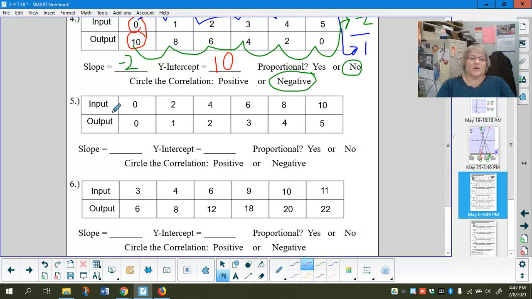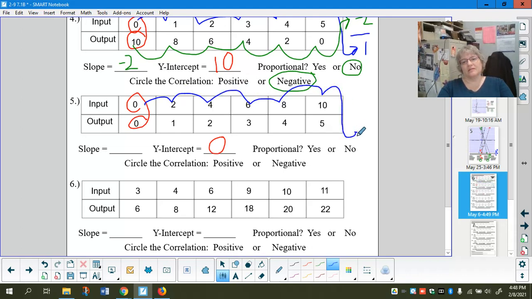So start with y-intercept. Wherever x is 0, that's the y-intercept. Slope. How much is this changing by? Well, this time it's changing by 2's every time. How much is this changing by? That one's changing by 1's.